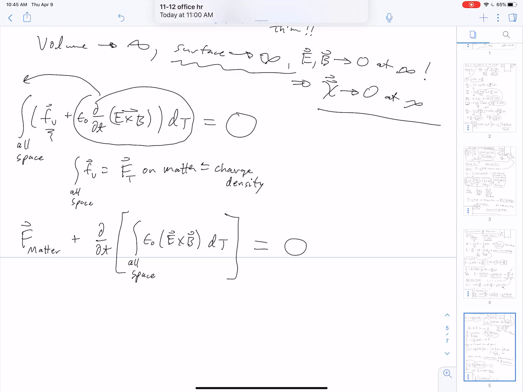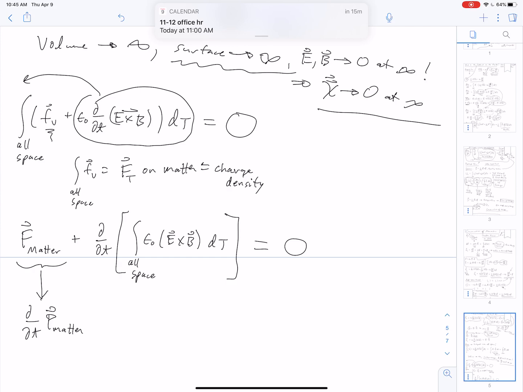Okay, that's interesting. It's starting to look sort of familiar. I got a force, I got a time derivative. Let's keep working on it. Now, if this is the force on all the matter, then that has to be equal to the time rate of change of, you guessed it, the momentum of all the matter, the stuff, the charge, like atoms and electrons and nuclei flying through space.